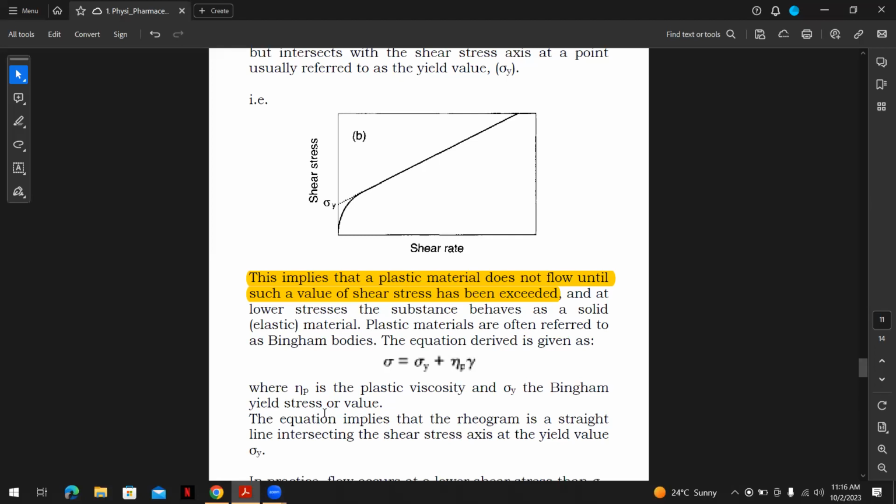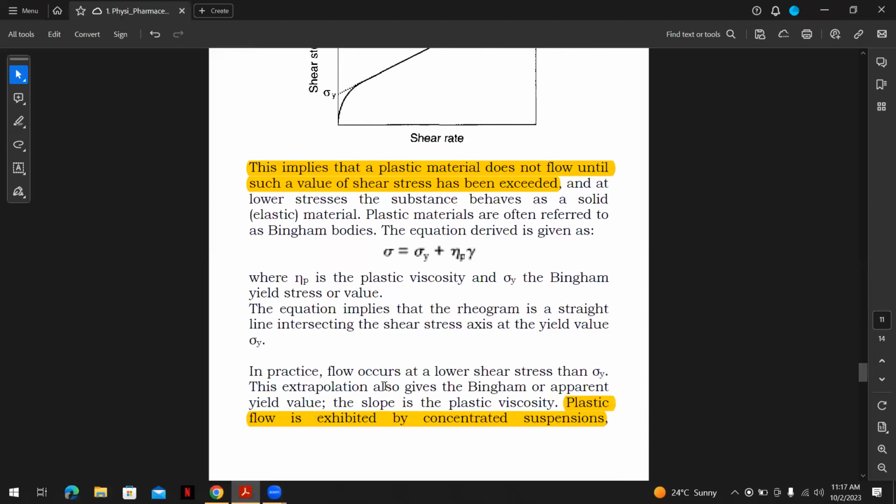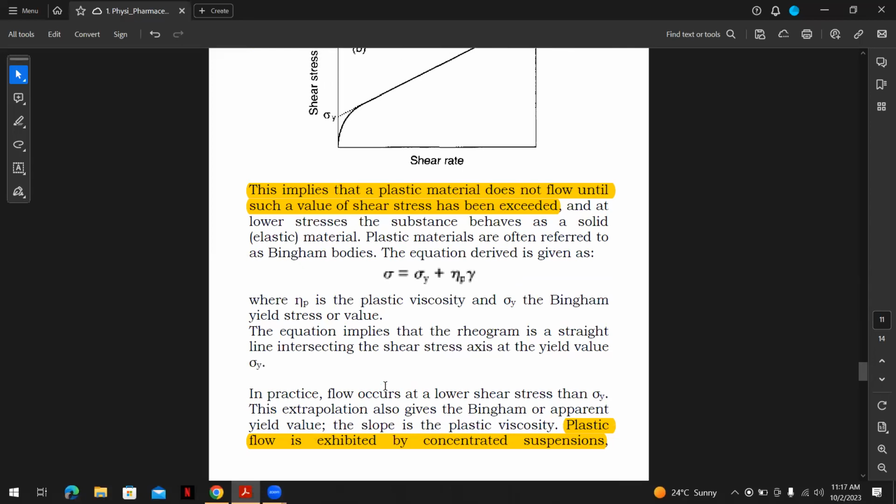So this is the equation for plastic or Bingham flow for non-Newtonian fluids. It implies that the rheogram is a straight line intersecting the shear stress axis at the yield value. In practice, flow occurs at lower shear stress than the yield value, but in theory it doesn't.